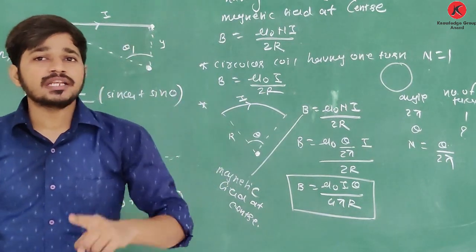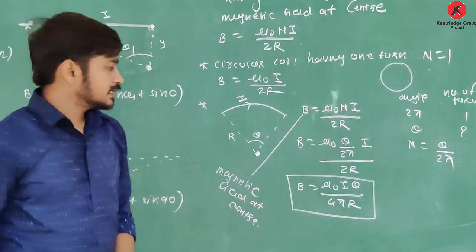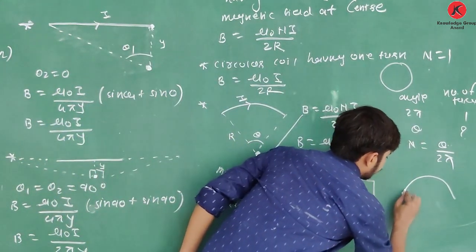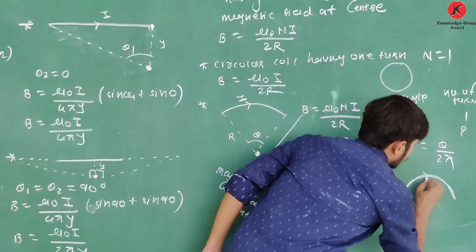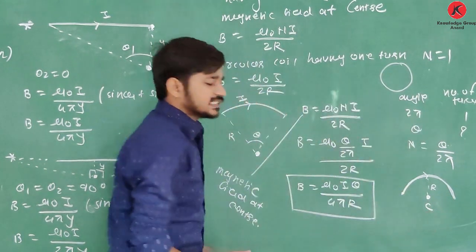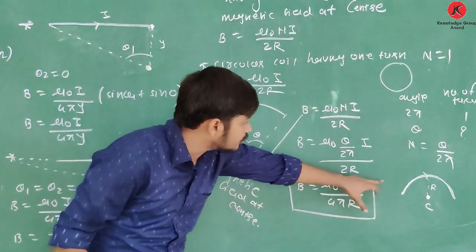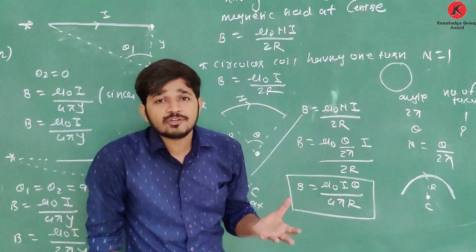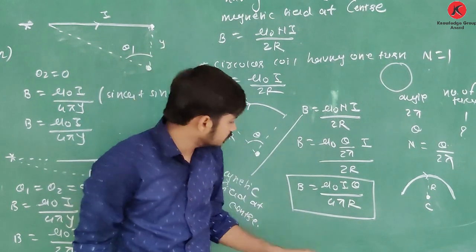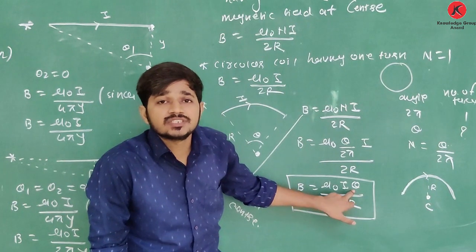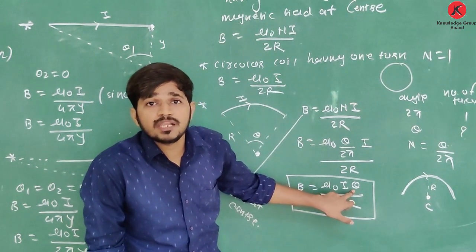If you are given a semicircular arc of radius r, then what is the magnetic field at center? What you have to do, see, a semicircular arc makes angle, what is the angle of a semicircular arc? It is pi, 180 degrees. Simple. This theta you have to replace by pi.